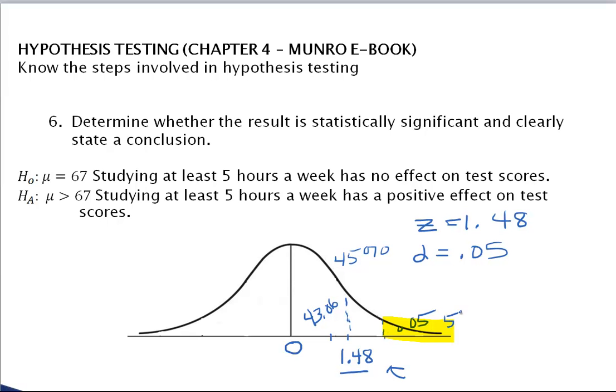and if we look at this as 5% of the data, because I'm writing in percents, so this actually would be 45% of the data. Let me see. So out to 1.48 standard deviations is 43.06% of the data.